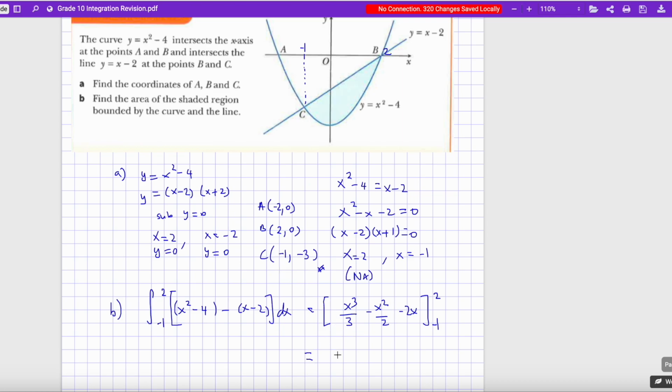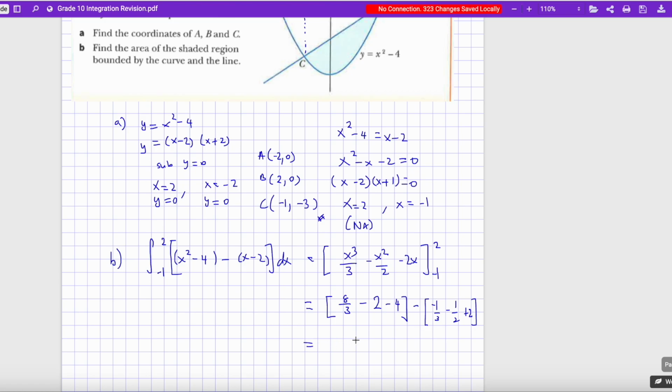Now you substitute 2 in, this should be 8 over 3 minus 2 minus 4. And we're going to subtract that with negative 1 substituted in, so it will be minus 1 over 3, minus half, plus 2. You press it in the calculator, you should get minus 4.5.